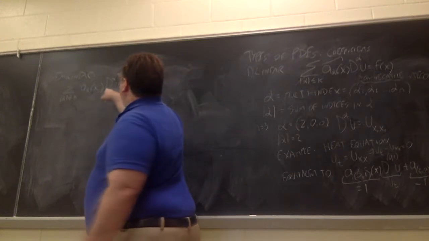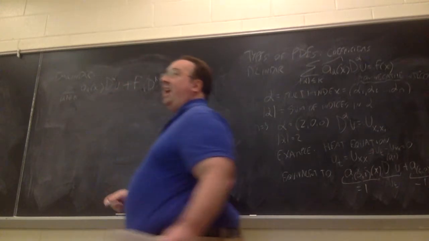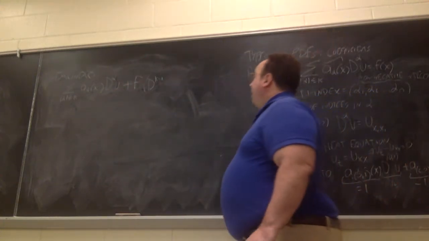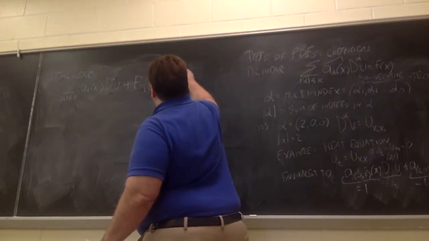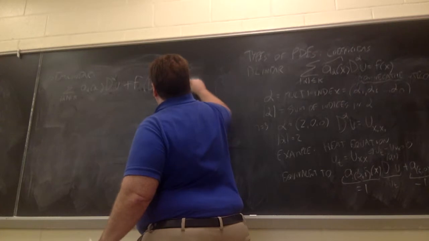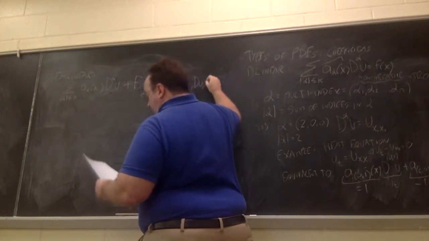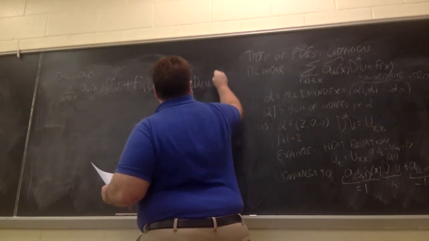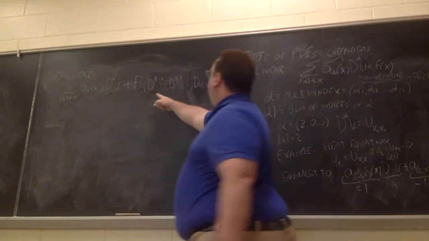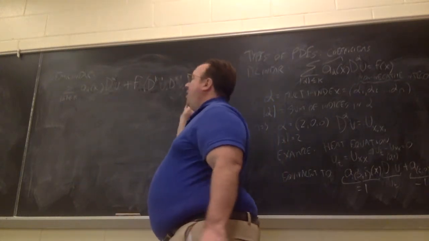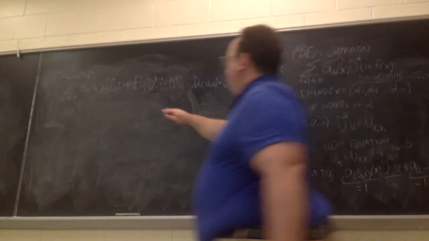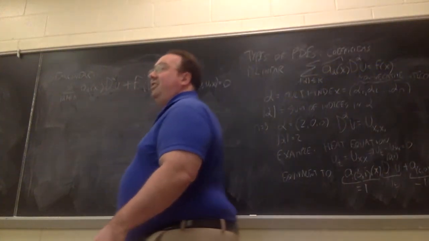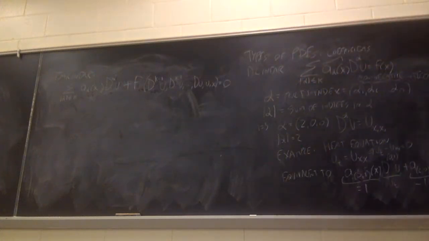This is important. Here, the derivatives can go up to order k. This is a kth order equation. But I may have a function that depends on lower order derivatives of u, and also just u itself and x. So here we have a nonlinear part, but the highest order part, that can go up to order k, is still linear. So it's just one step removed from linear.